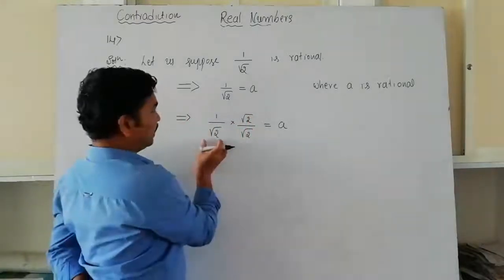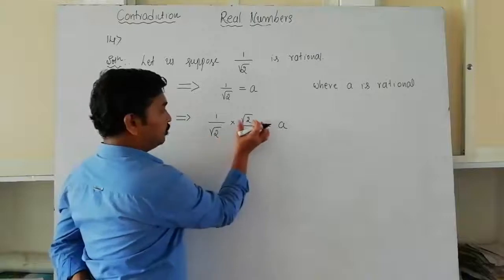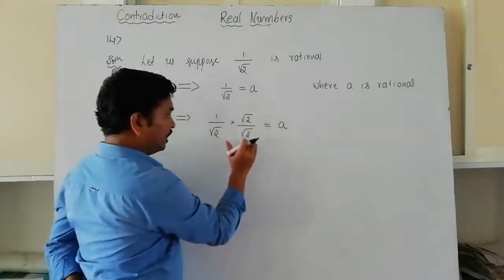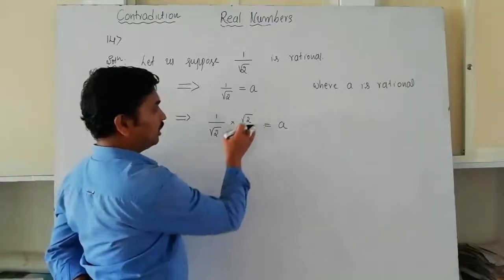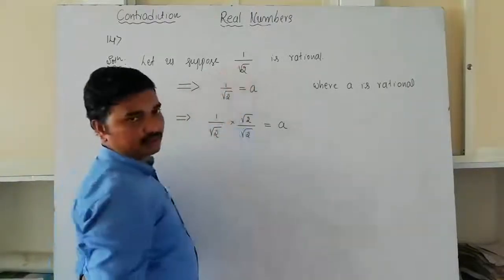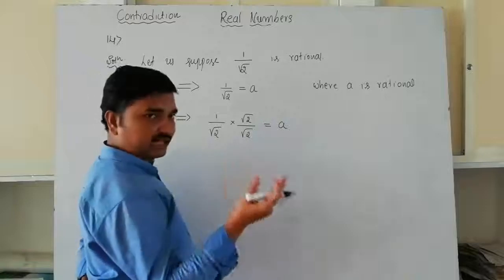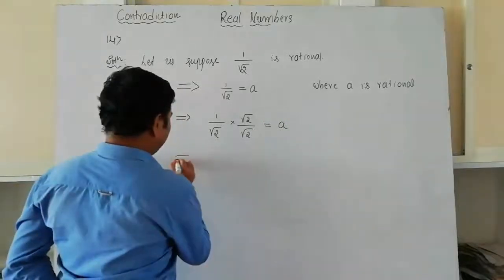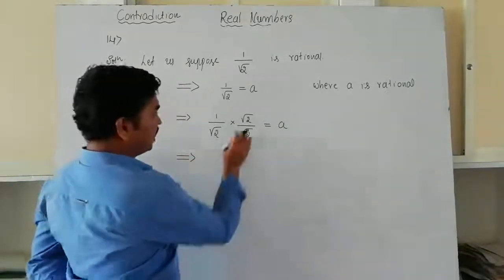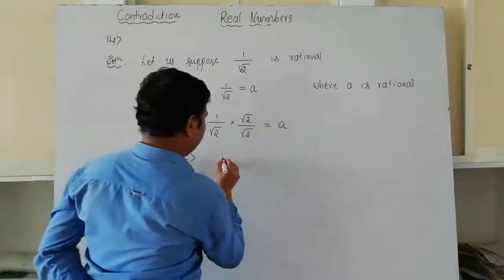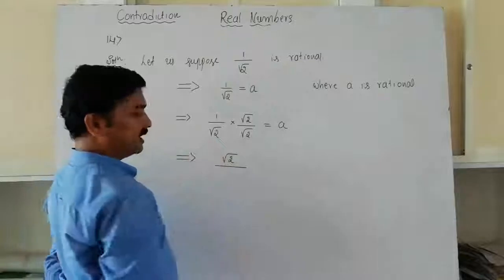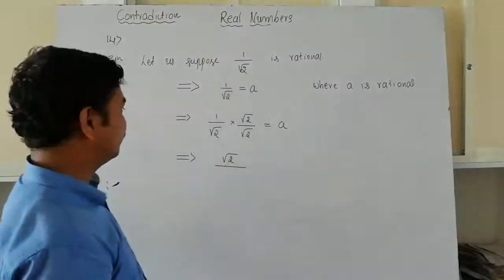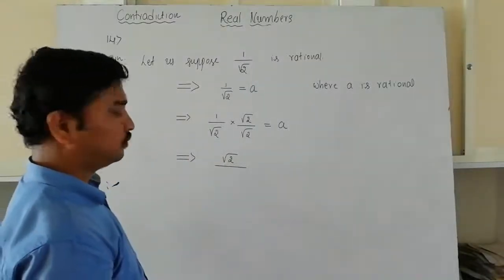Okay, now look at here. In the left hand side, I am going to multiply by root 2 and divide by root 2. Then there will be no change. If you cancel root 2 and root 2, you will get the previous step. So now the next step: this implies root 2 into 1 means root 2, and in the denominator root 2 into root 2 becomes how much? 2.